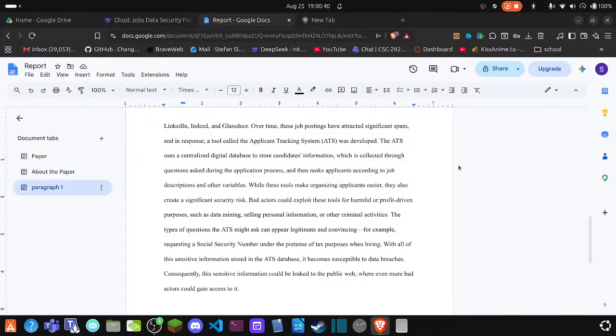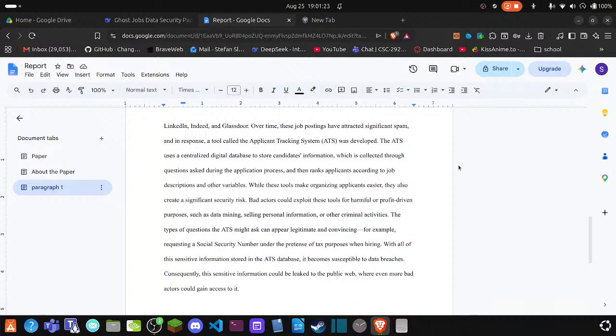The types of questions ATS might ask can appear legitimate and convincing. For an example, requesting social security number under pretense of tax purposes when hiring. With all of the sensitive information stored in the ATS, it becomes suitable for data breaches. Consequently, this sensitive information could be leaked to the public web, where even more bad actors could gain access to it.